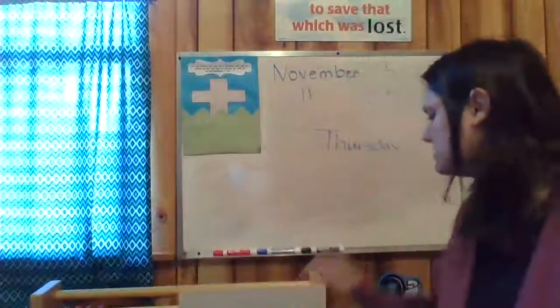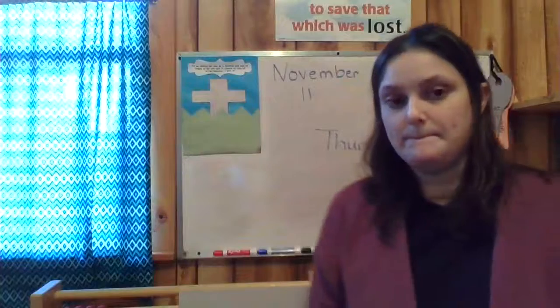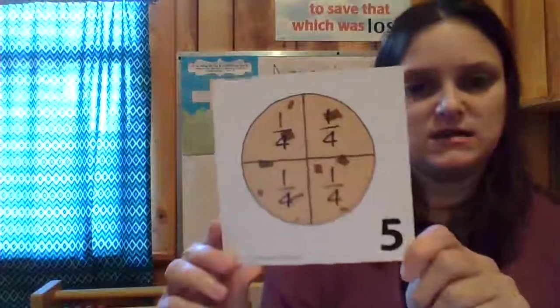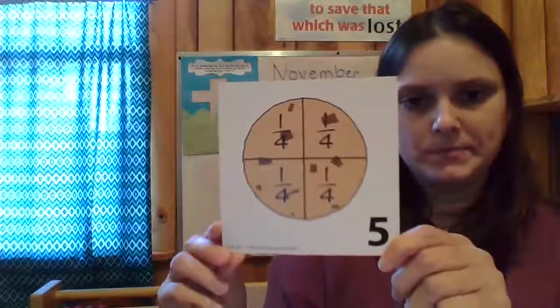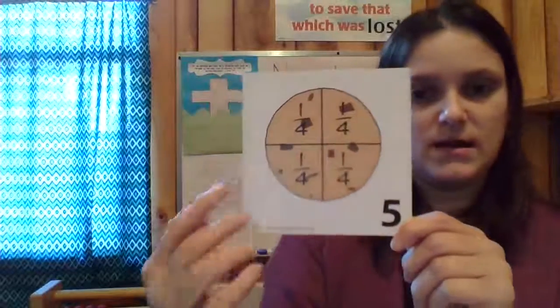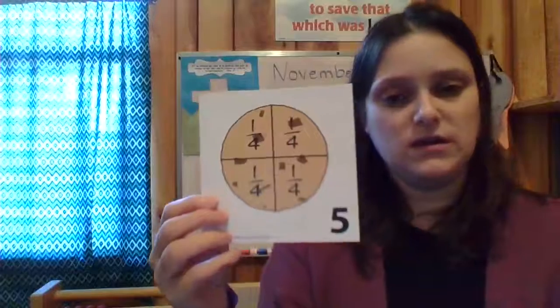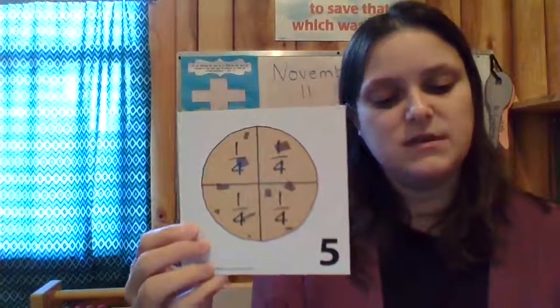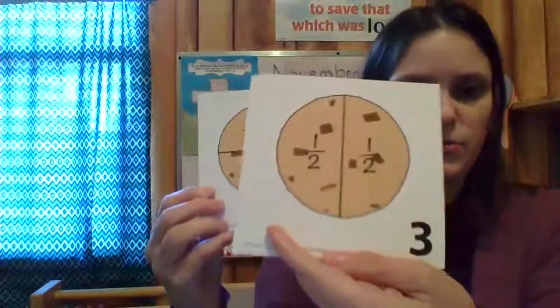And it looks like this. So what do we see on today's card? We have the cookie again, but it's not an entire cookie like day 1 was. And it's not split in half like day 3.